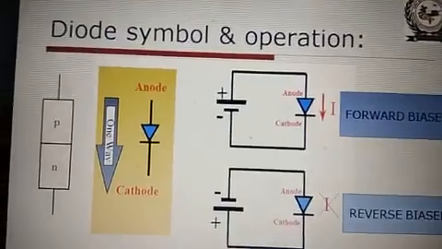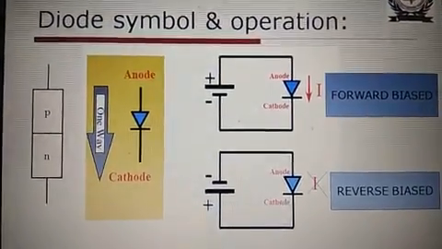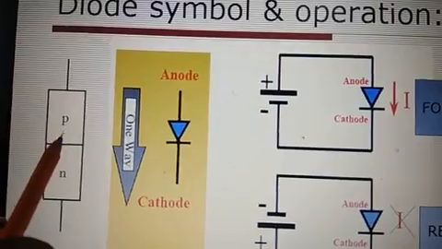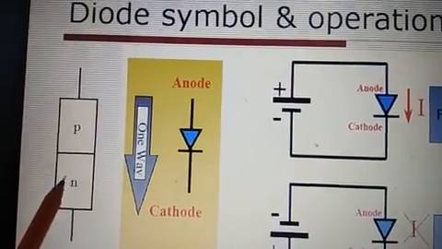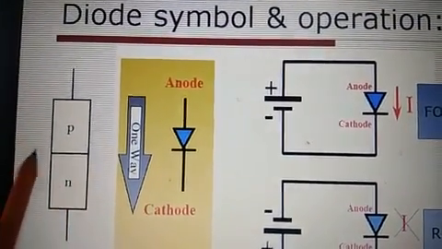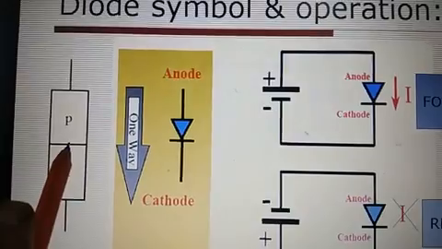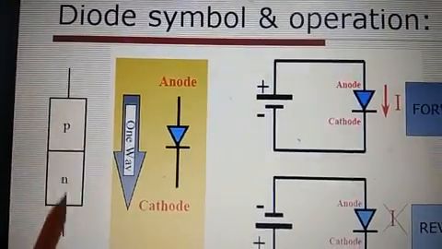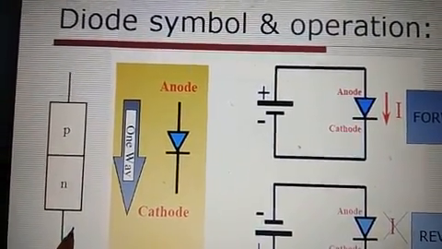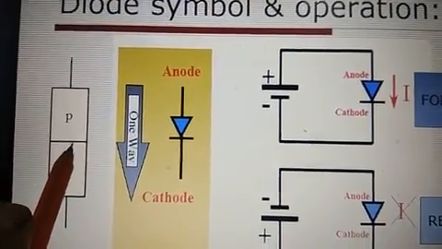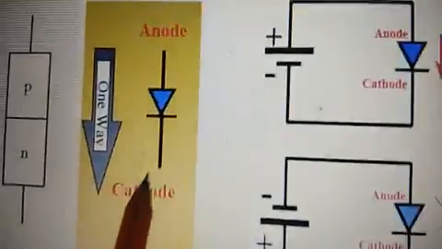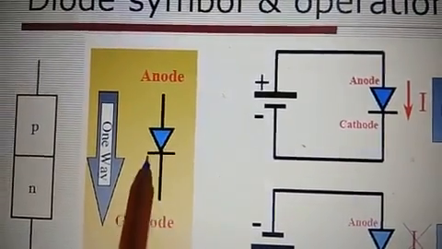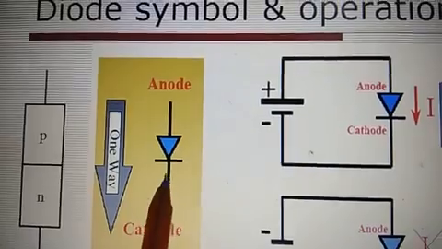Here you can see the diode symbol and operation. In the block schematic, here is the P-type semiconductor, here the N-type semiconductor, and in between, this junction is formed. Later on we will see what this junction is. So this is PN and these are two electrodes. So this is called a PN junction diode and this is called the PN junction. Here you can observe this symbol: an arrow is shown in one direction and this is the line here.